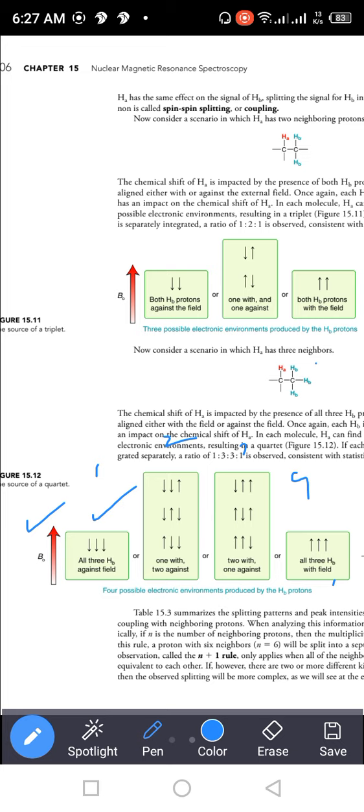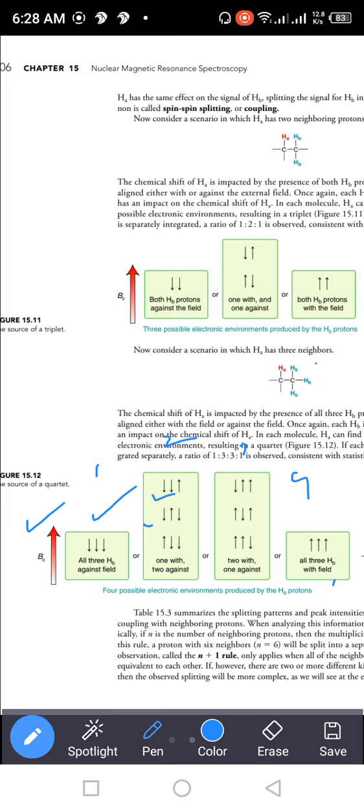In one pattern, 2 protons have a downward direction and 1 proton has an upward direction. In the second pattern, the middle proton has an upward direction and the peripheral protons have a downward direction.